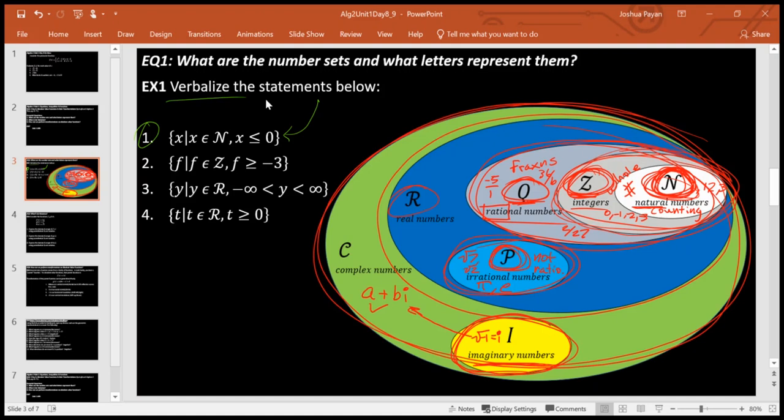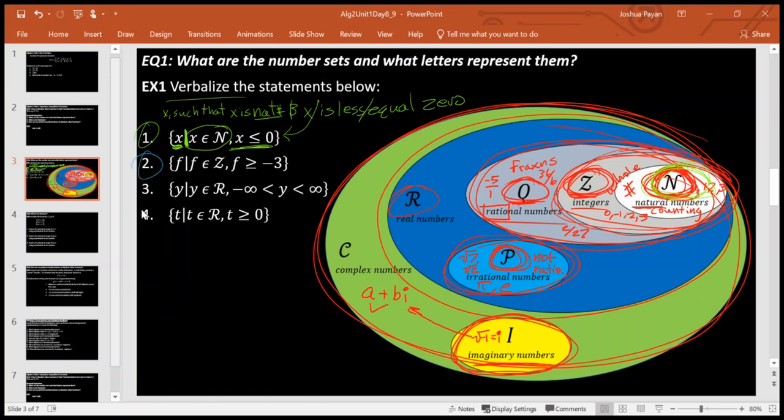And if we were to verbalize these, what we would say is that we have some number x such that x is a natural number and x is less than or equal to 0. Right, so that's how I would verbalize that statement.